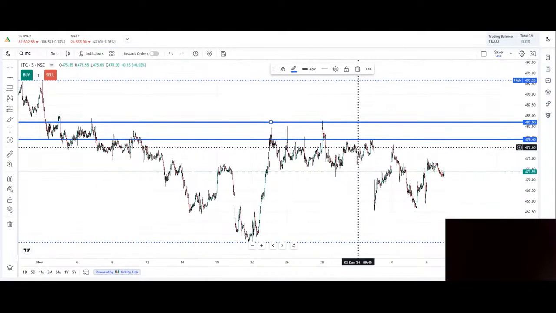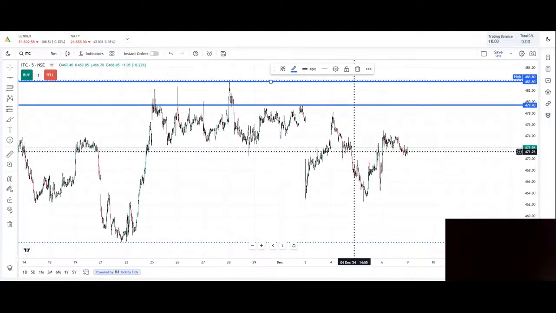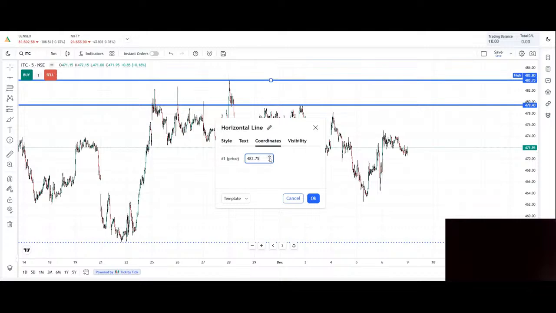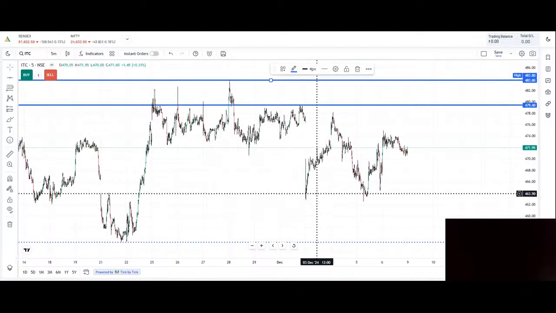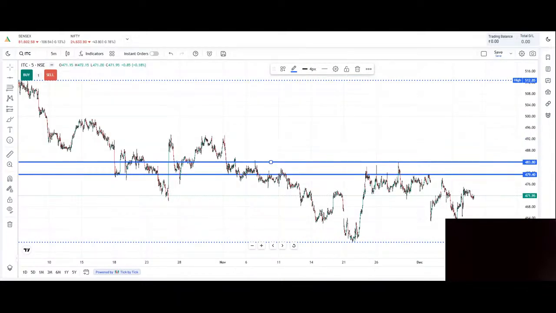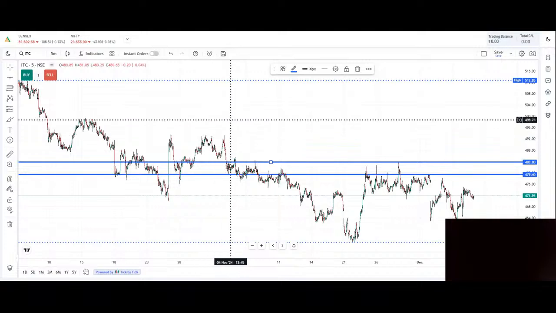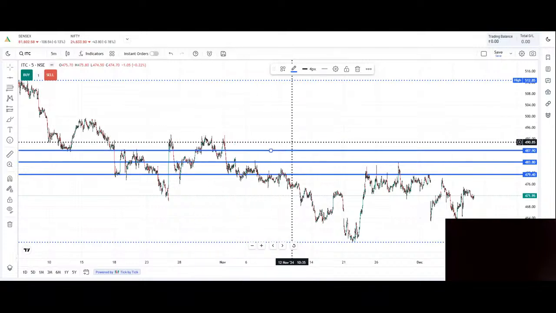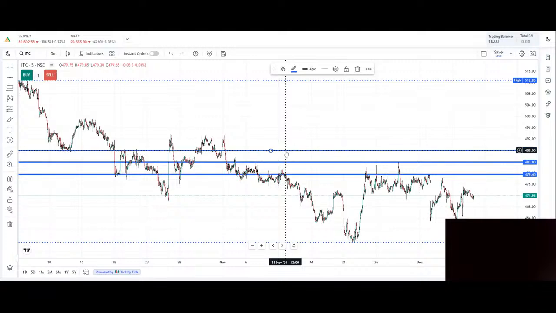This is not an exact figure, the exact figure is 483.80. And if it goes above that, then the next target would be somewhere close to 493, 499. Yeah, this would be the next target. So these are the levels at which we will be playing.